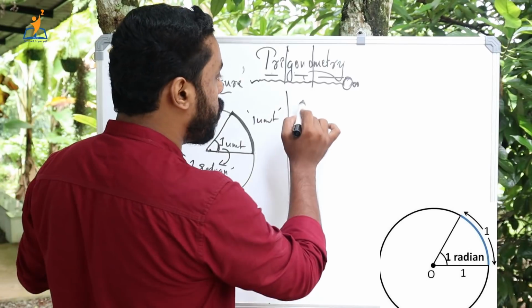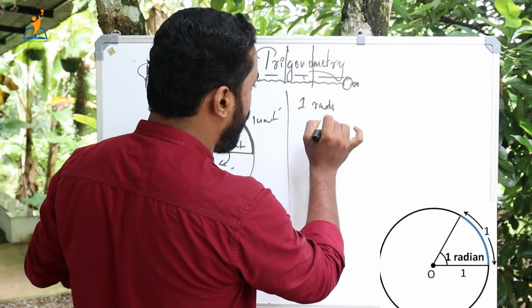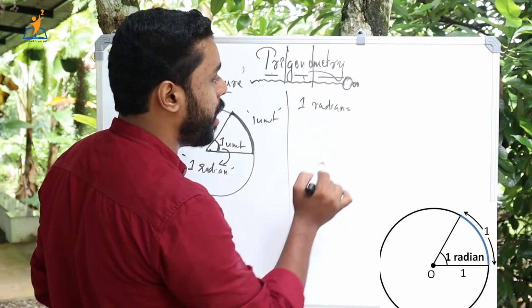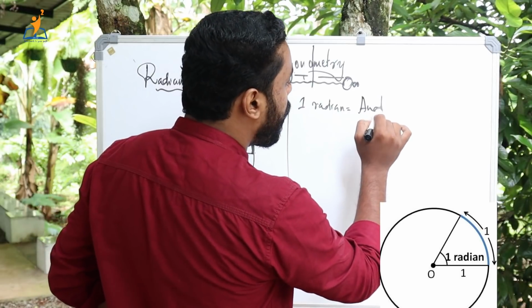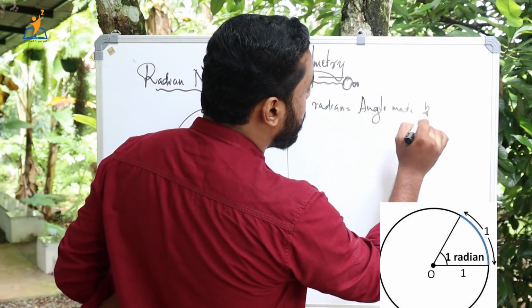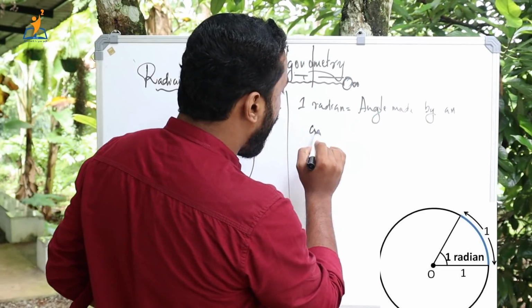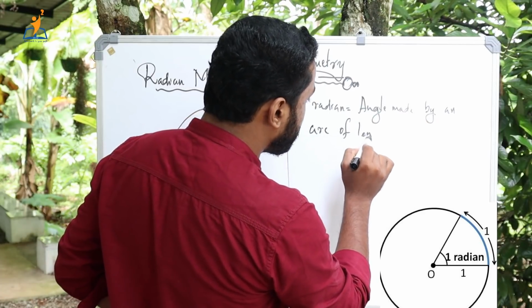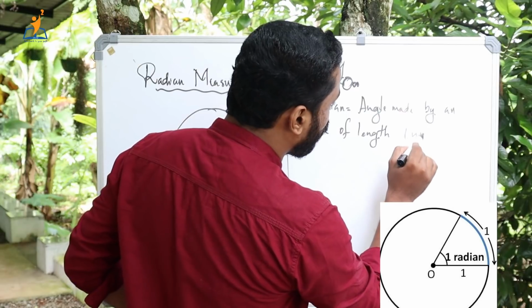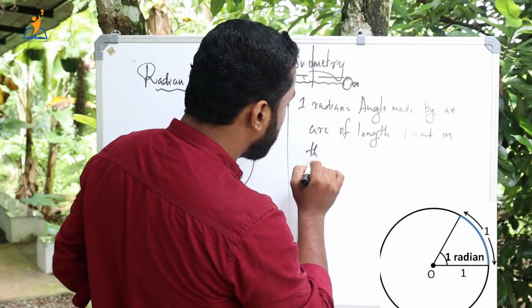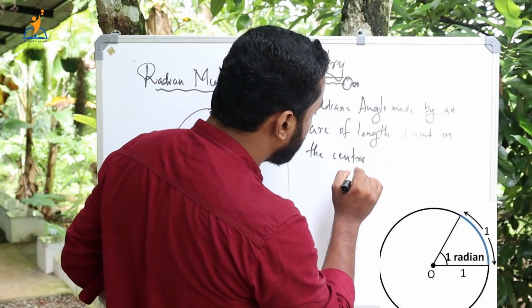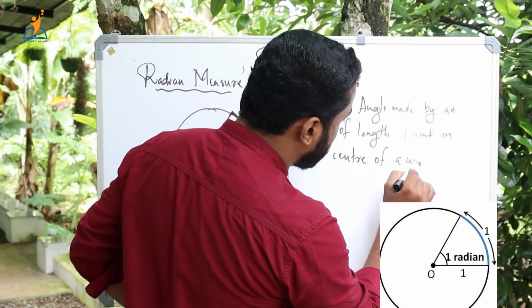So the angle, 1 radian, can be defined as nothing but the angle made by an arc of length 1 unit at the center of a unit circle.